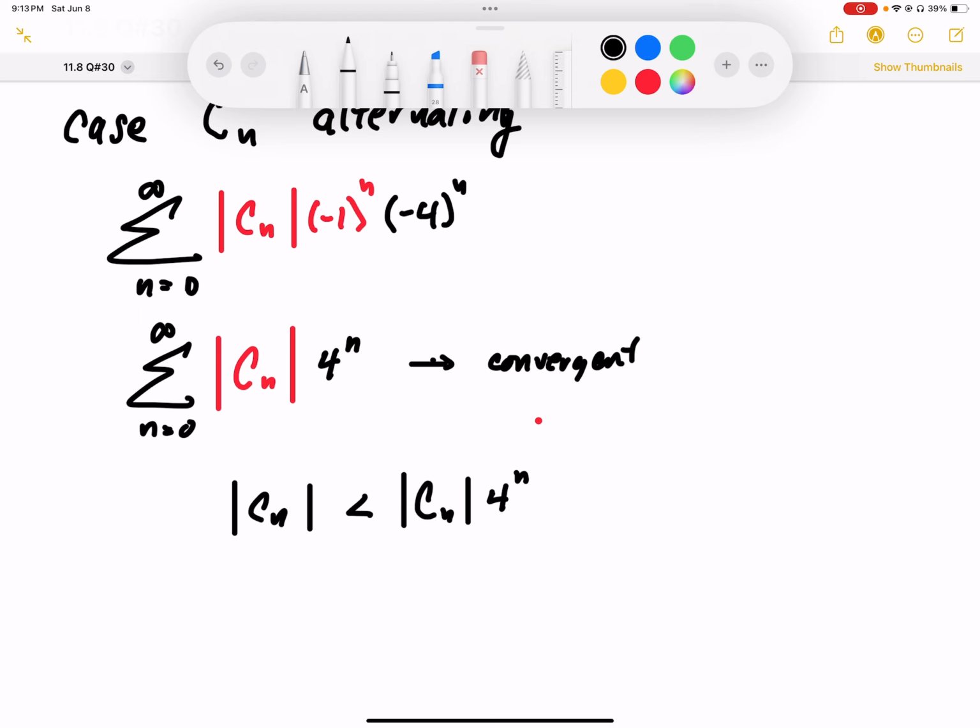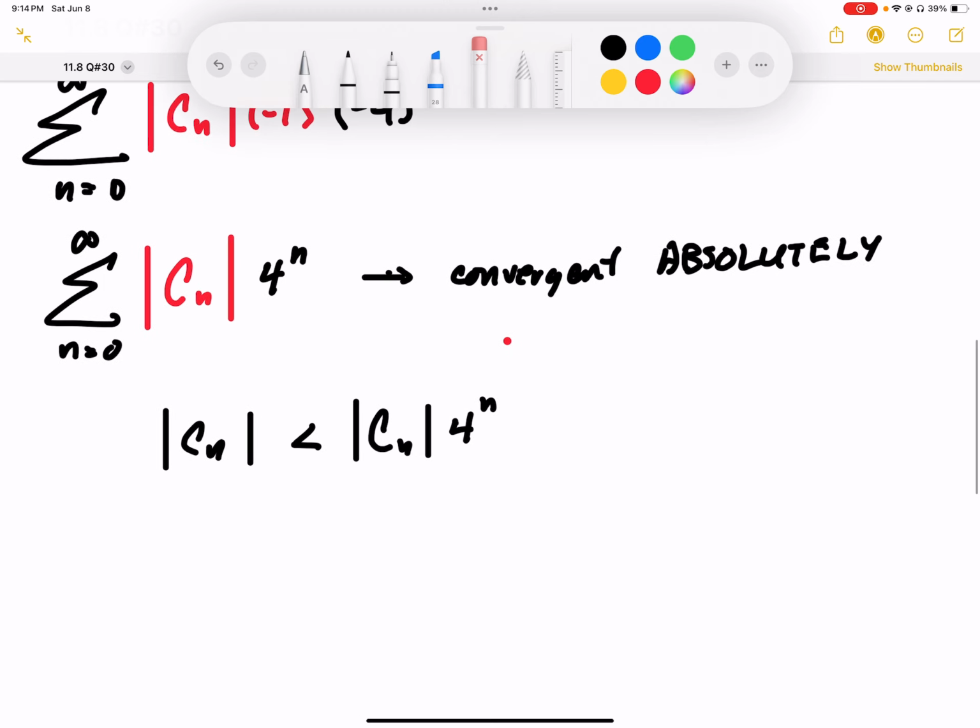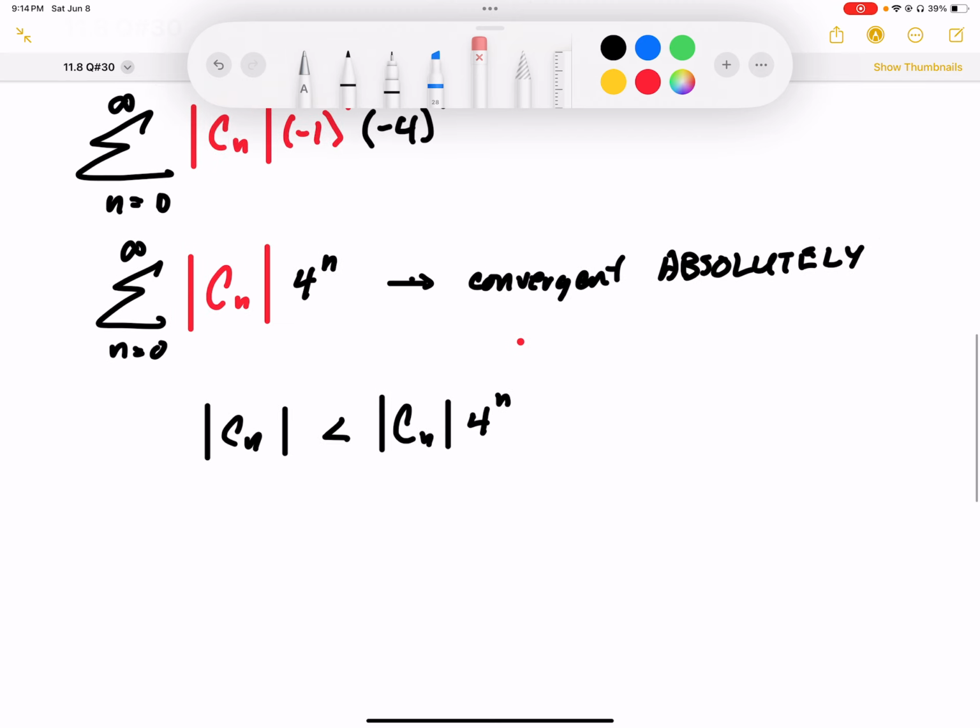So in this case, this is convergent absolutely. It's not a conditional convergence, so we know that it converges absolutely. So then we can say that Cn is less than 4 to the power n.